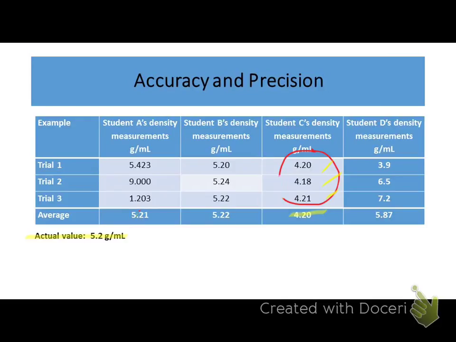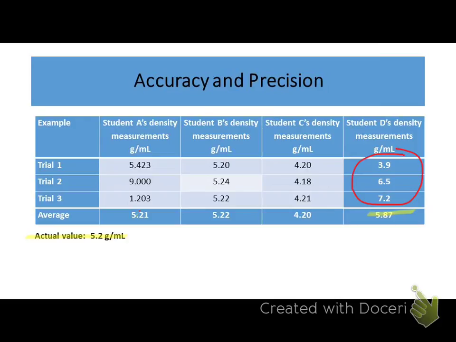All right. Let's look at student D, our last student. There are its 3 data points, and the average value of those 3 data points. Is student D accurate? It could be better, definitely better than C, but I'm going to go ahead and say that student D is not that accurate.